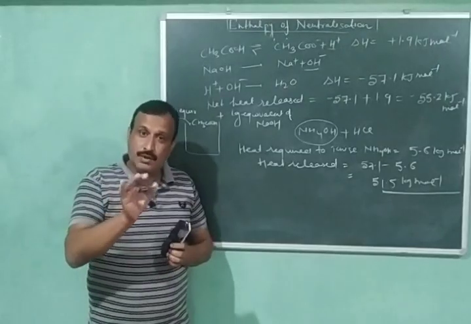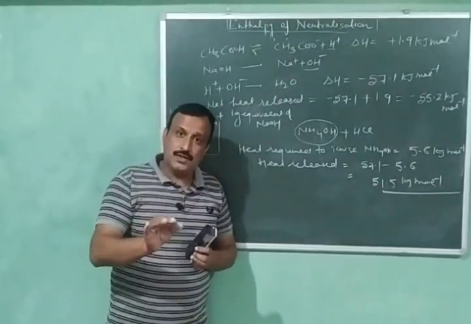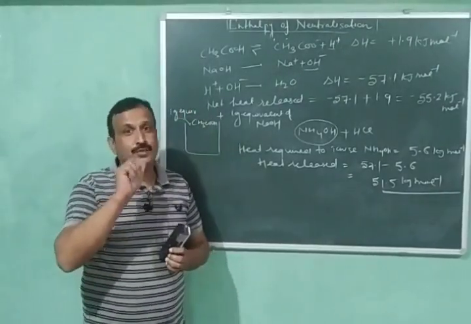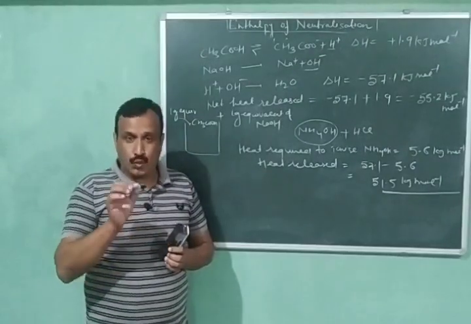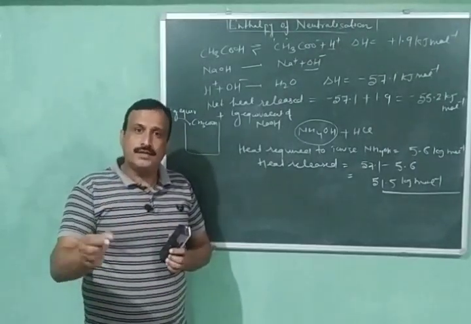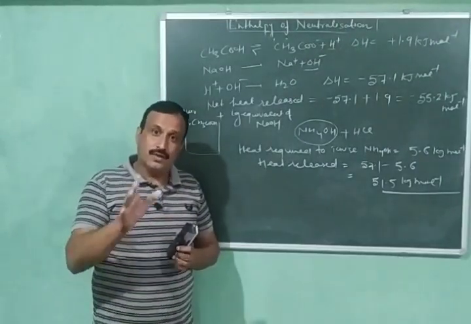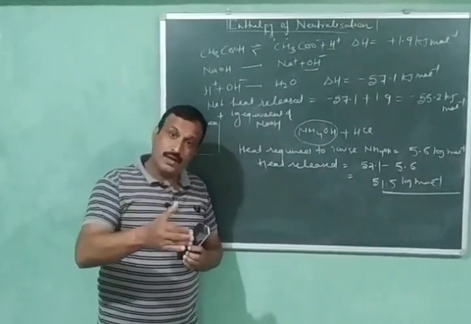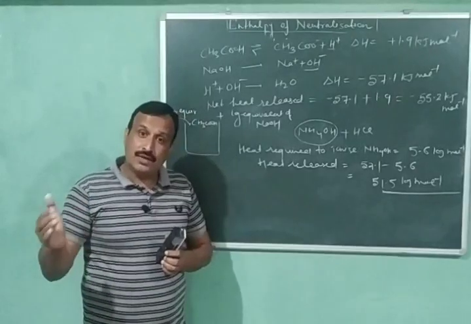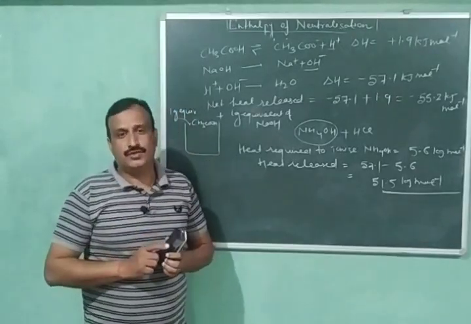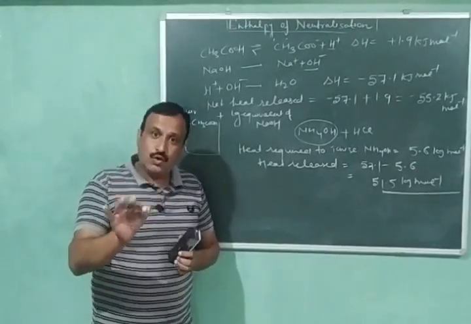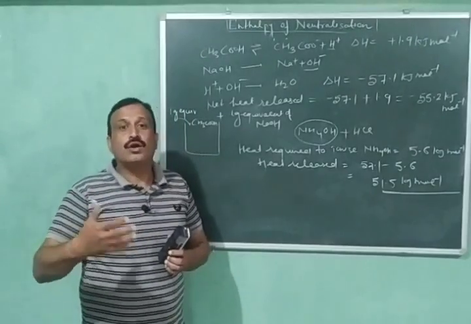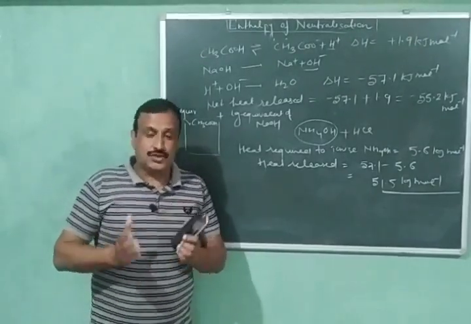So 1 gram equivalent of an acid always gives 1 mole of H positive ion, whereas 1 mole of an acid may or may not give 1 mole of H positive ion. And similarly, 1 gram equivalent of a base will give us 1 mole of OH negative ions, whereas 1 mole of a base may or may not give us 1 mole of OH negative ion.